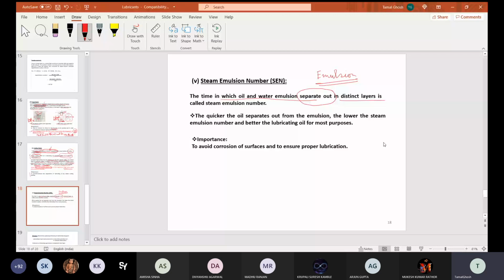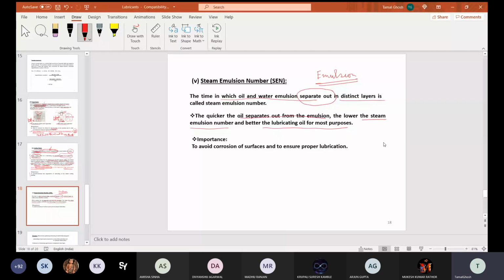If the oil separates quickly from the emulsion, it will have a low steam emulsion number or low ACN value, and that oil is better for lubricating purposes.